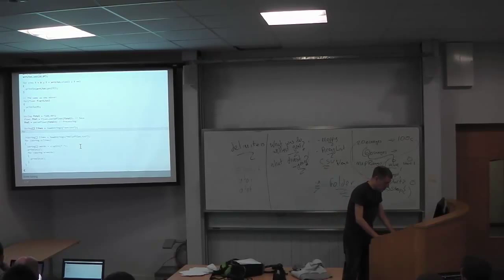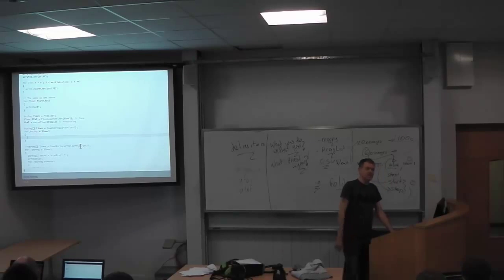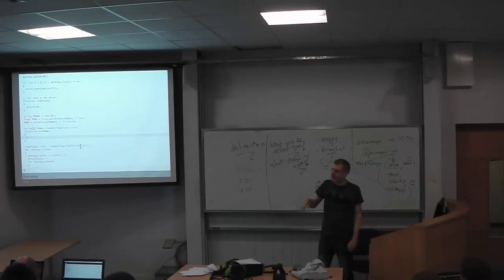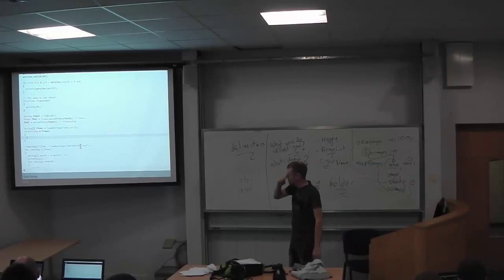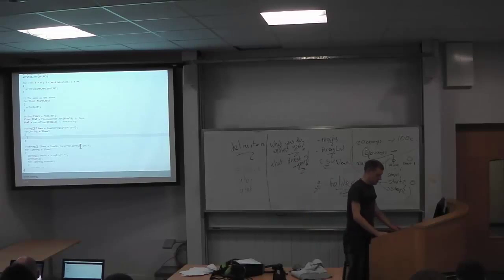So then I can go for String s : lines. So this is going to iterate through that array of strings, and for every element in that array of strings, it gets copied into s, and this code gets executed. This is the same as going for i equals 0, i is less than lines.length.